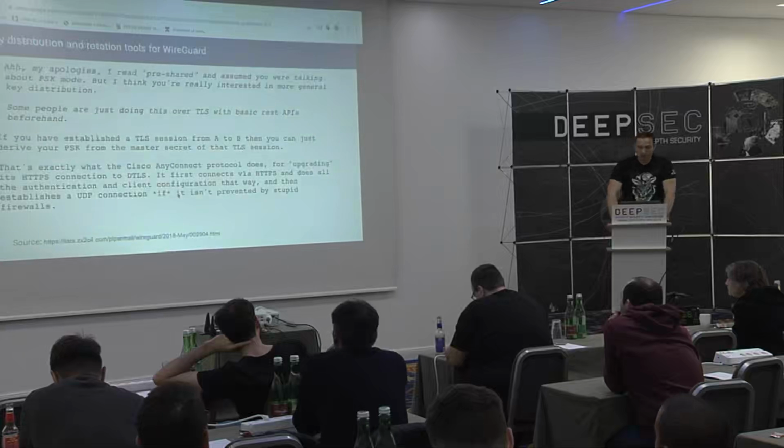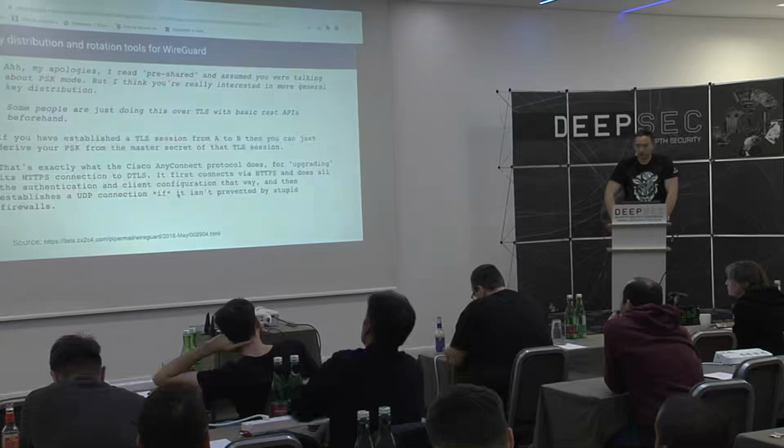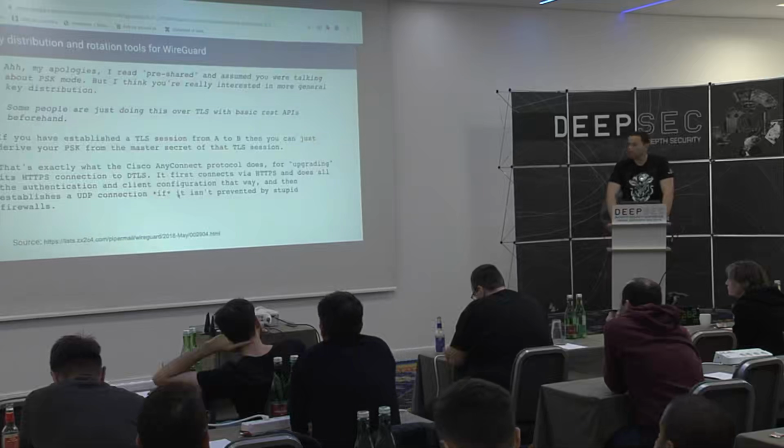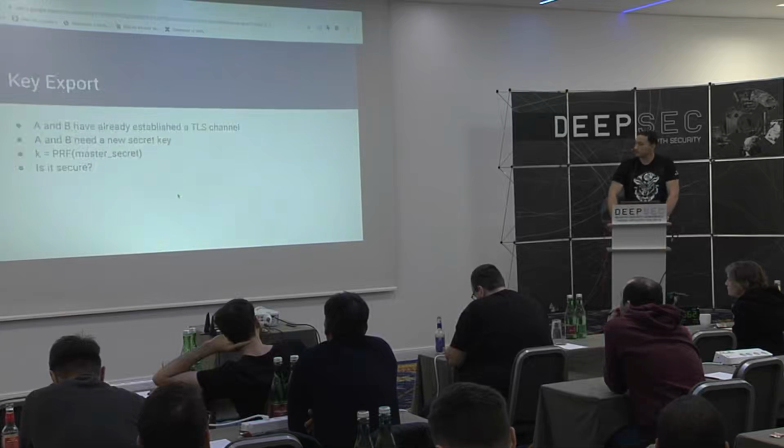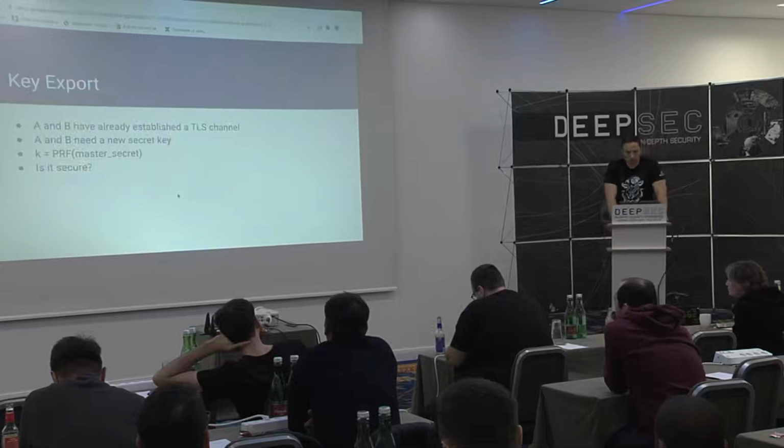Okay, the next question. If you use WireGuard, you know that each party needs to know a peer static key. And the interesting question is how a party gets that key. This is a question from the WireGuard mailing list, and the suggestion was to use a key export mechanism. What is key export?